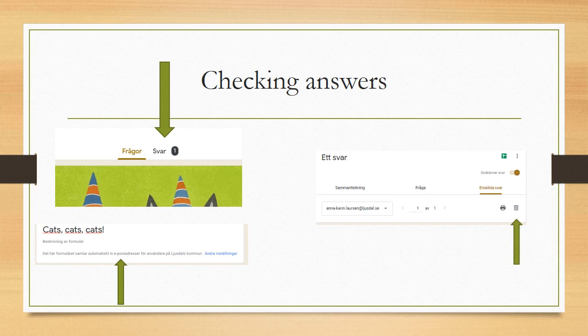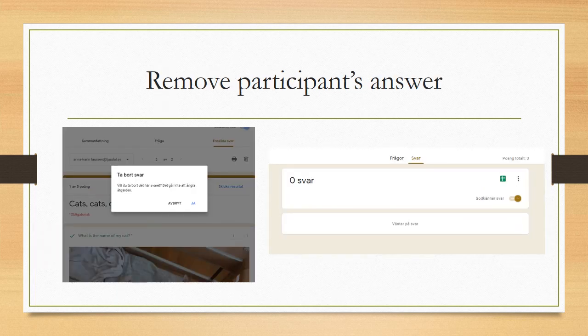And in this case, since I'm going to remove my own answer because it isn't really valid for the summary of answers and all of that, so I'm removing this. And it asks me if I really want to remove it, since I can't regret it, and I say yes, and then 0 answers are left, of course.